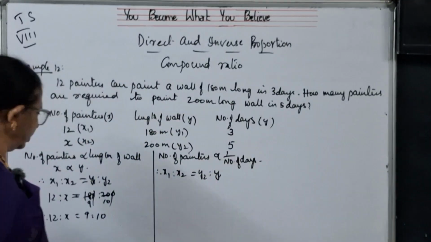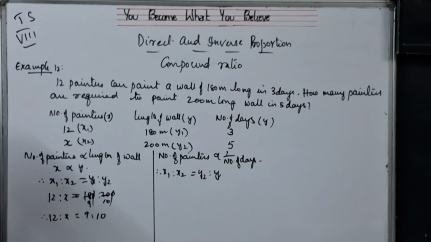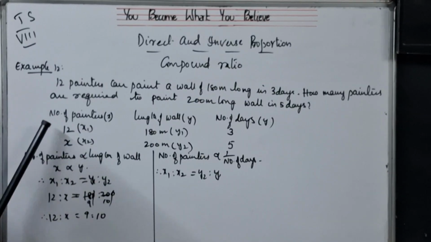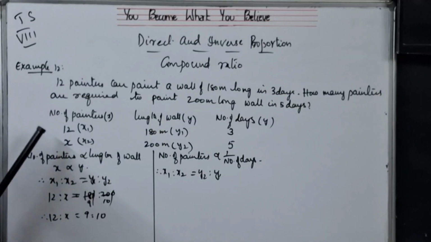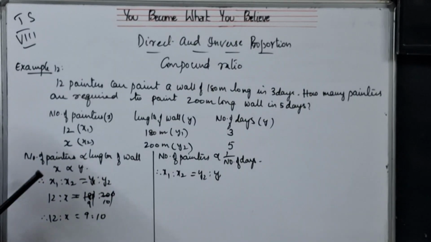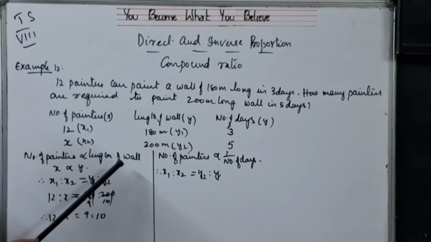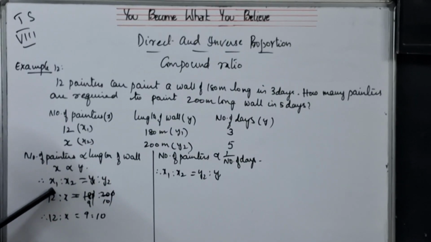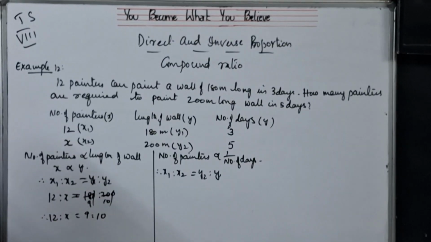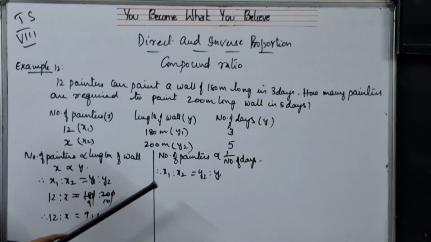Here let me explain one thing, children. In the earlier two problems, in the first problem all are directly proportional. In the second problem all are inversely proportional. But this problem is a combination of direct proportion and inverse proportion. So if you have understood this, then in this part we should be very careful. When you do wrong here, the whole problem will go wrong. Direct proportion means x1 is to x2 is equal to y1 is to y2, take that ratio. And here x1 is to x2 is equal to y2 is to y1.